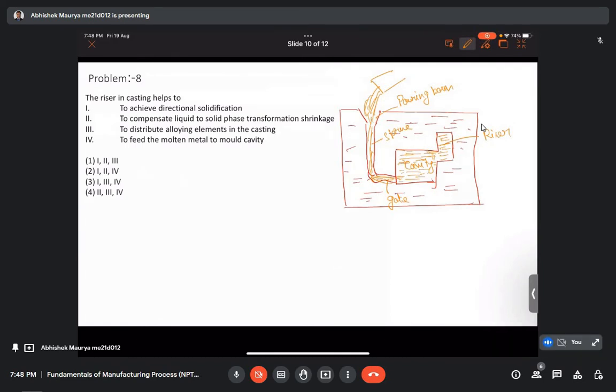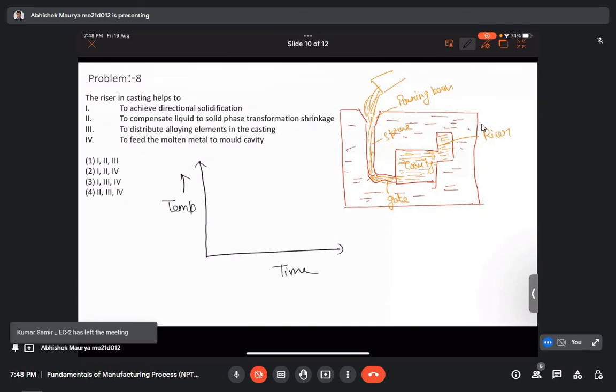So if you can remember, let's say we are drawing the graph for a eutectic alloy or pure metal. So this is a temperature-time plot. This is the temperature of the molten metal.